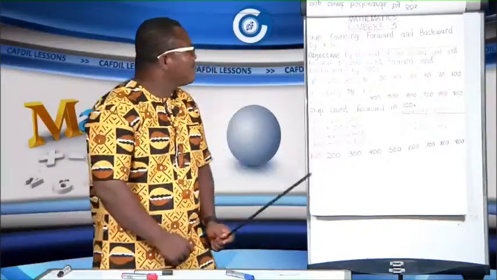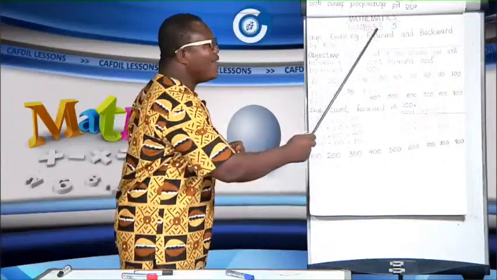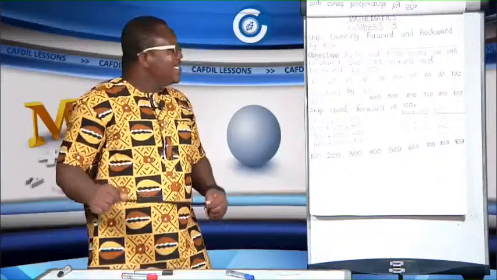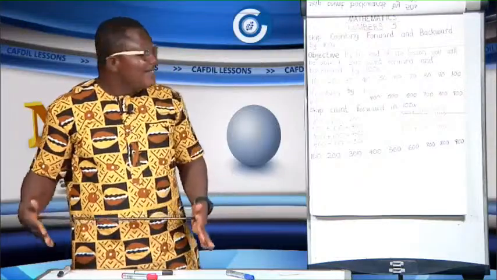Learners, we are still looking at numbers. Now we are on numbers part 5, and under that, we are looking at skip counts forward and backwards by hundreds.